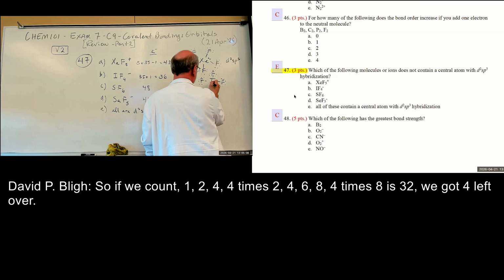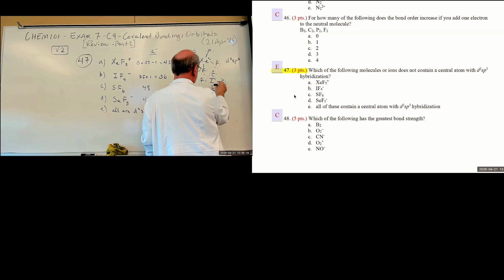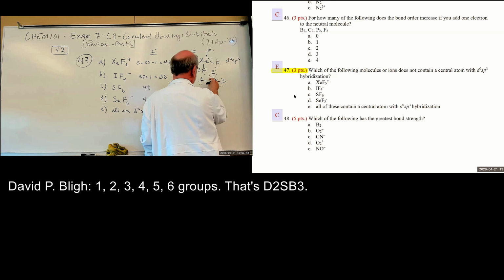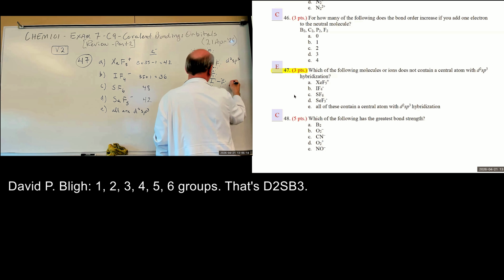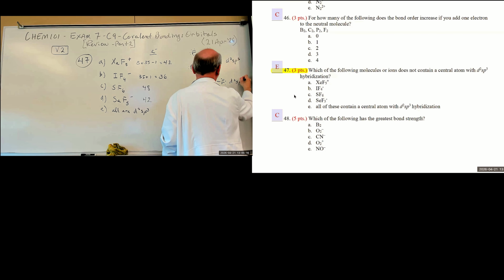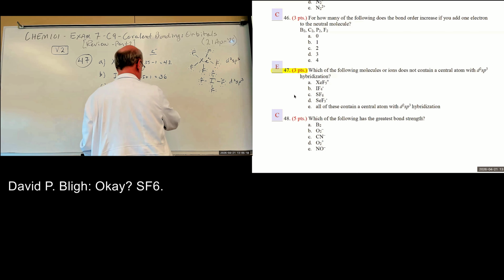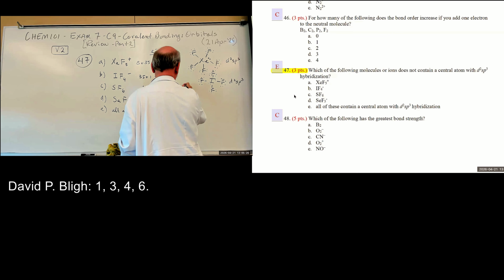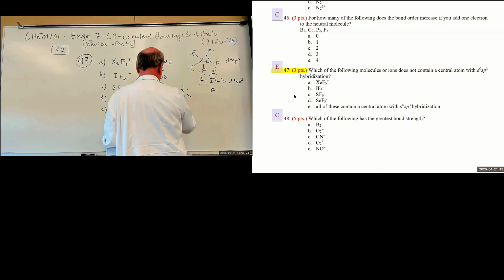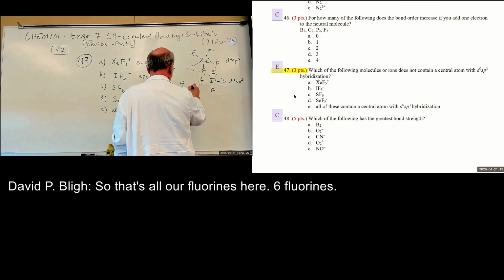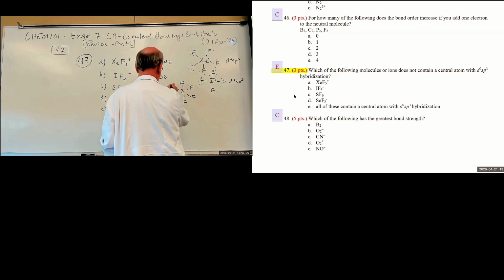We got 4 left over. 1, 2, 3, 4, 5, 6 groups. That's d2sp3. Okay, SF6. 1, 2, 3, 4, 5, 6. So that's all our fluorines here. 6 fluorines.